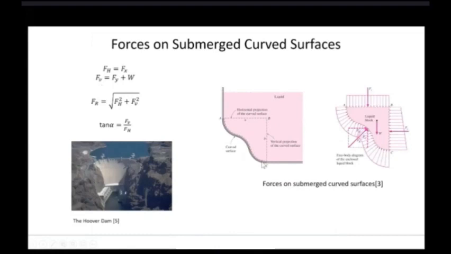So we can calculate the two components, the vertical component and the horizontal component. Now what we might also want to do is to calculate the orientation of that vector acting on that curved surface. And in order to do that, we can simply use a little bit of Pythagoras.